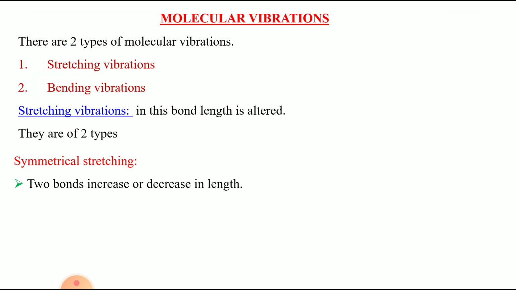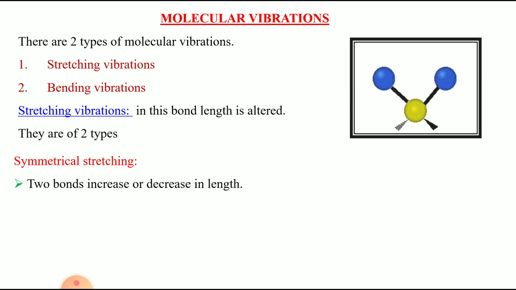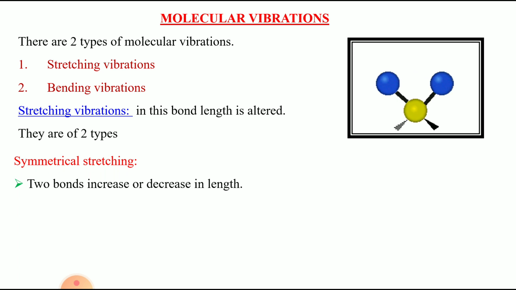Here we are representing it in a diagram. Assume this is a water molecule, H2O. The yellow color represents the oxygen, and the blue atoms represent the hydrogens. The two bonds are either both increasing or both decreasing in length at a time.